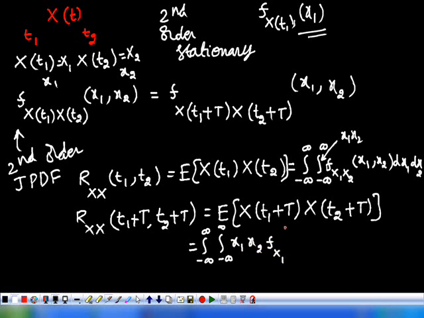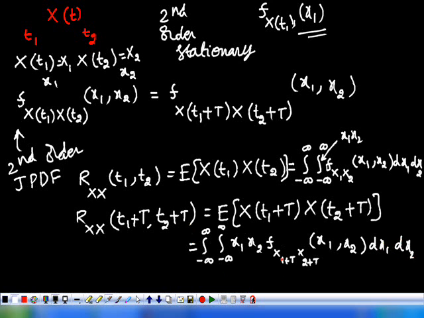Actually, it is T1 plus T, so let this be 1 plus T and 2 plus T. I am eliminating the T, and this is x1, x2, dx1, dx2. Is it clear to you?